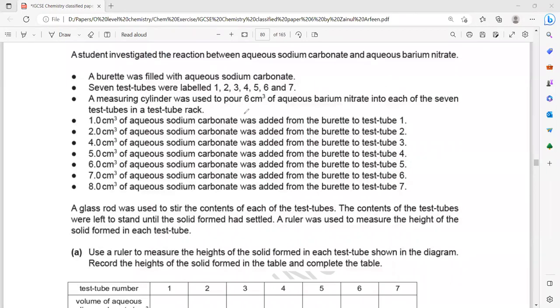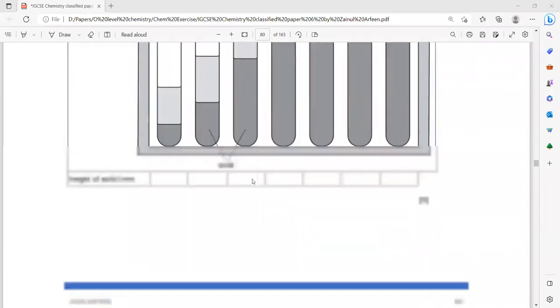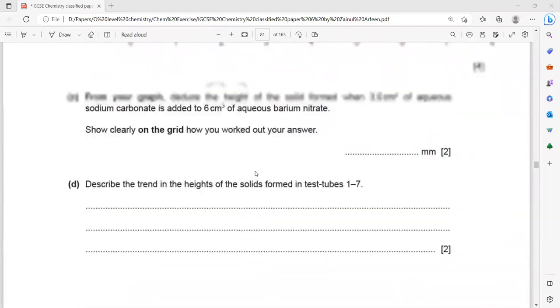A burette was already used for the sodium carbonate, so that will be accurate. But a measuring cylinder was used to measure 6 cm cube of barium nitrate. This won't be accurate because a measuring cylinder measures approximate volume and is just to transfer quickly rather than for accurate measurement.